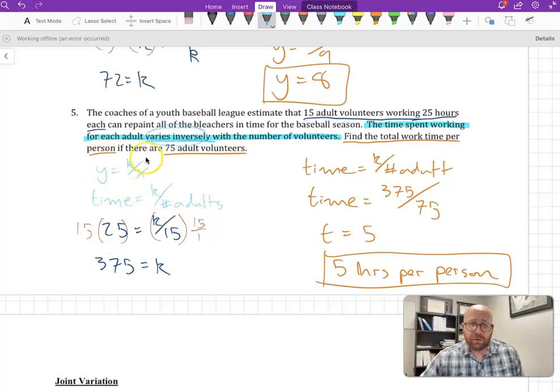Once you have your inverse variation equation, we look at our initial statement, plug in our values for x and y, find k, and then use the same equation, but now with a value for k, to find the missing value.